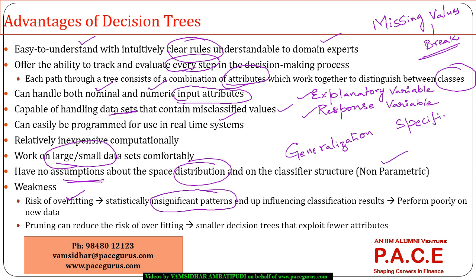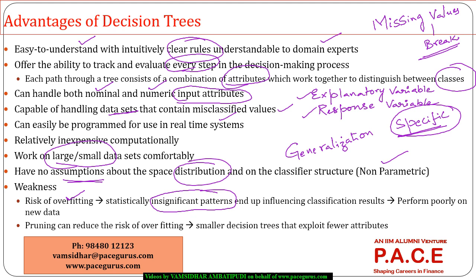This is a specific behavior of a particular set of data. See, for a person who has a very high salary and has been prompt in paying loans every year, there's a very limited chance that he will default.